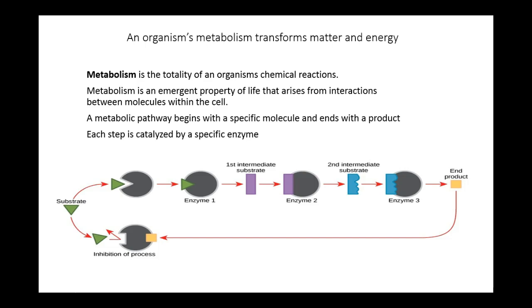And then you have chemicals that regulate all of these processes, so feedback mechanisms. So this totality of chemical reactions, and adding this other level, in terms of metabolism, arises from the interaction of molecules within the cell.